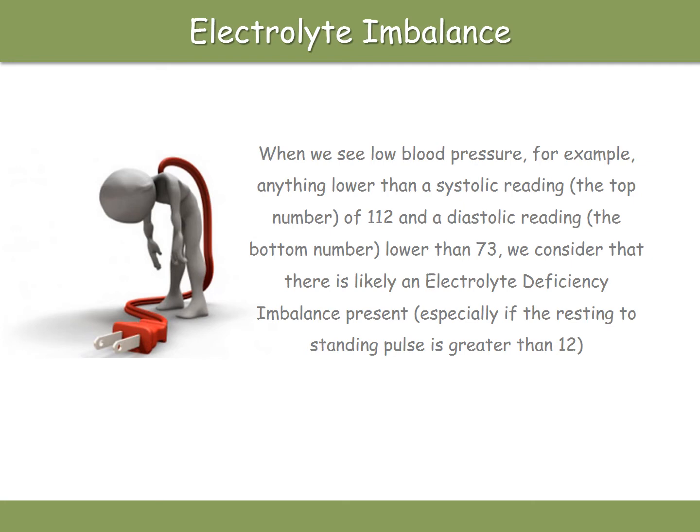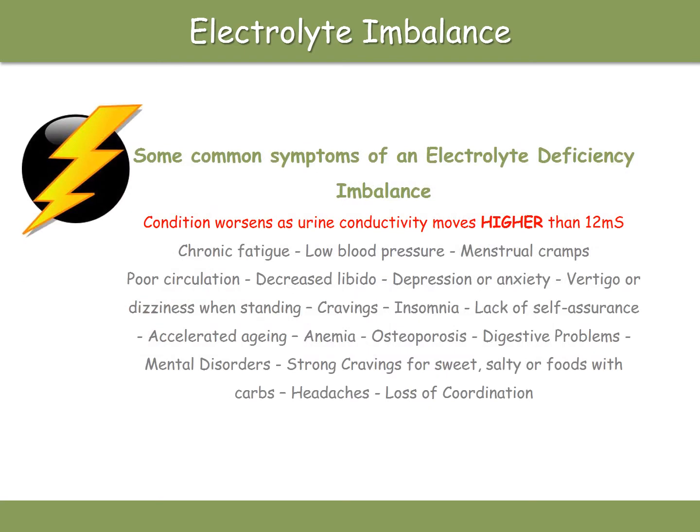So when we see low blood pressure, for example, anything lower than the systolic 112 I mentioned just now and the diastolic lower than 73, we do consider that this is going to be electrolyte deficiency, especially when we have this pulse difference greater than 12. Some of the symptoms of electrolyte deficiency: this condition worsens as urine conductivity moves higher than 12 millisiemens.